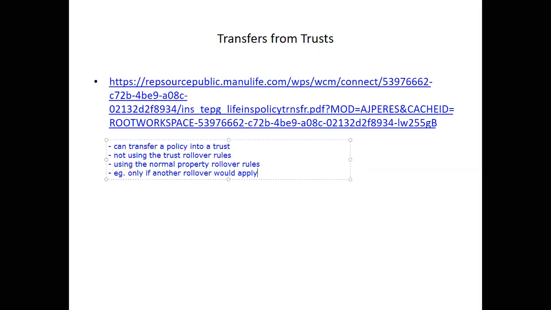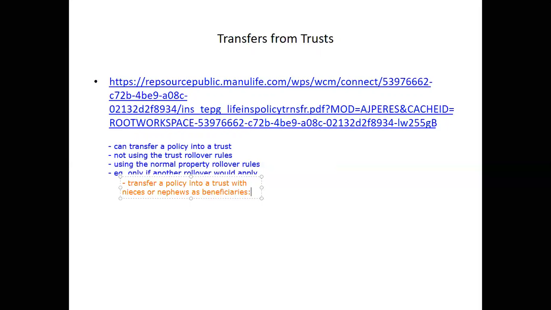Okay, so an example of this would be if I'm transferring a policy into a trust that has nieces or nephews as beneficiaries, then I have no rollover available.